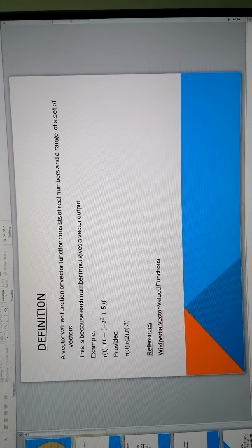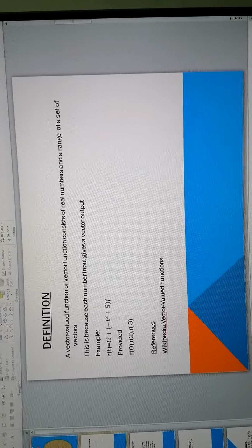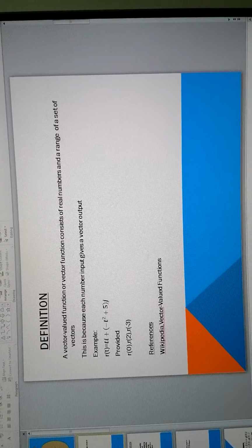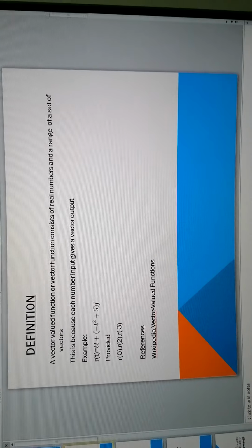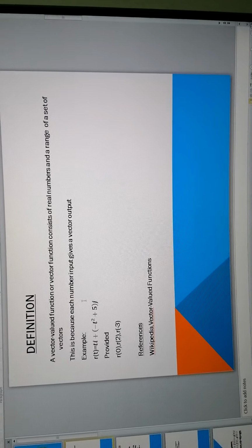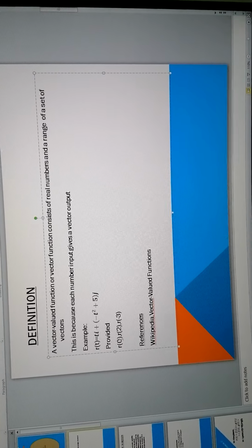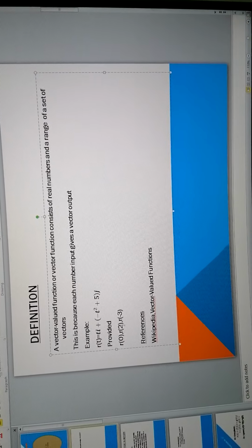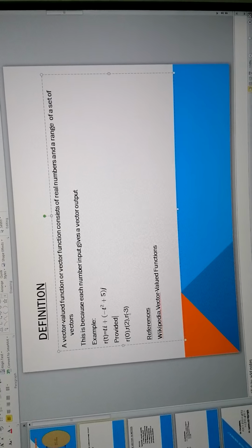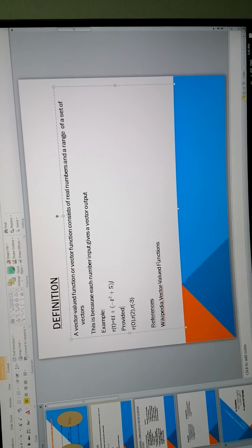This is because each number input gives a vector output. For example, let us look at r(t) = t i + (-t²) j, provided t is substituted by 0, by 2, and also by -3. This example was taken from Wikipedia vector valued functions.